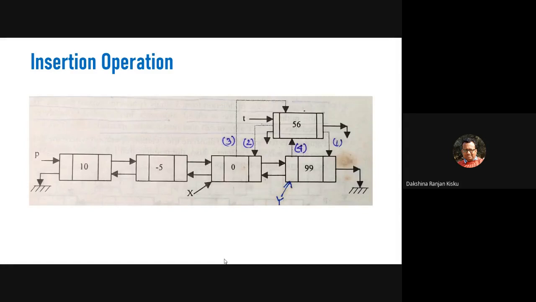Here you can see the doubly linked list. With each node, we can see there are two pointers, the left pointer and the right pointer. The left pointer of the first node is made null, and the right pointer of the last node is made null.